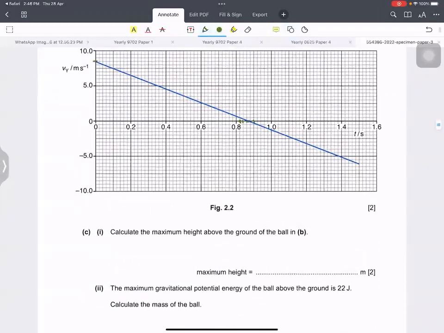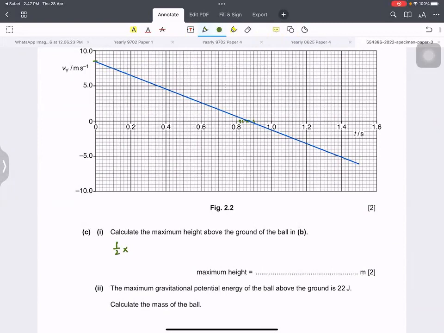Then it says calculate the maximum height above the ground. This is something we already did in the previous part. For height, you could take the area under the graph, or you could do what I did previously. Both would be correct.